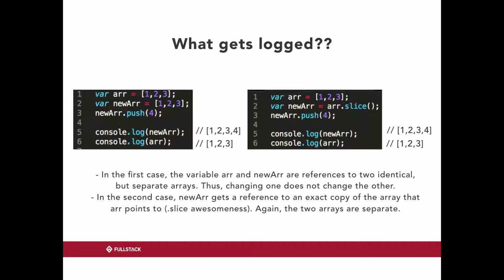Based on what we're seeing, myArr equals myArr.slice. Someone said it returns the original, so where do you think that arrow points? Where does that point myArr to?